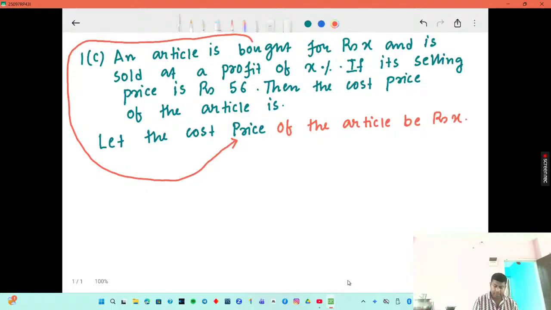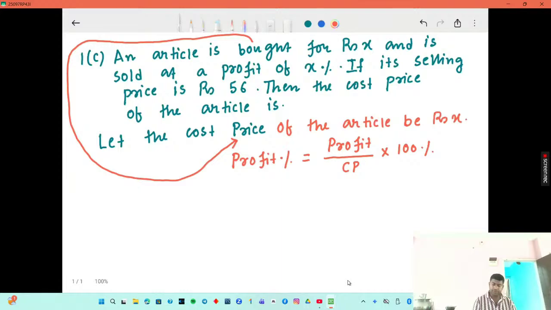So, now we can write profit percent is equal to profit by CP into 100%.